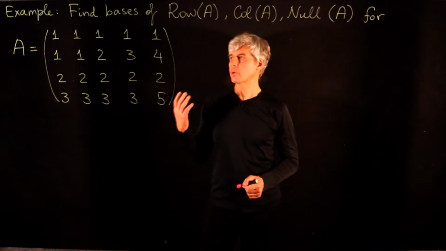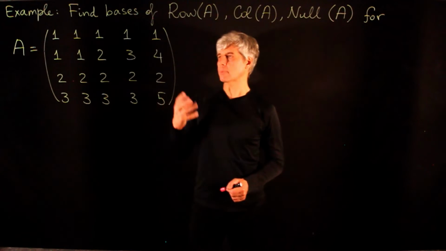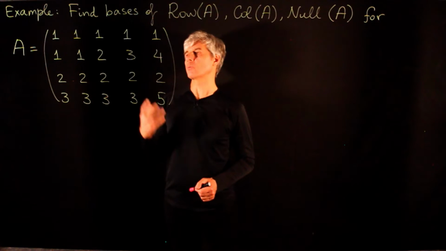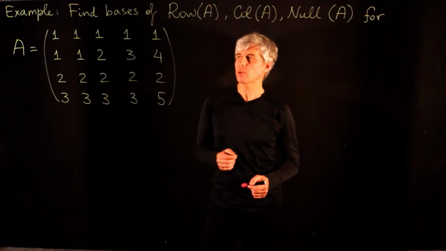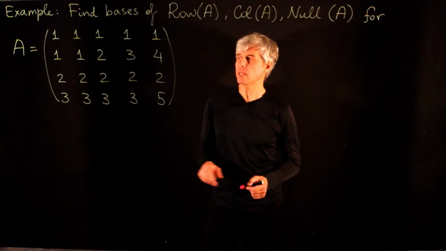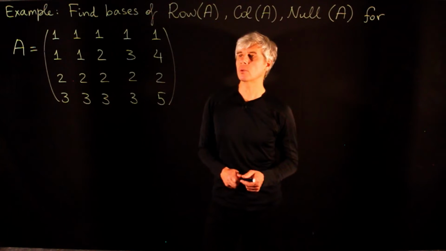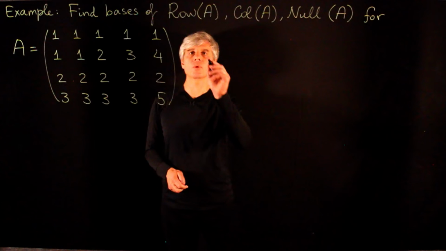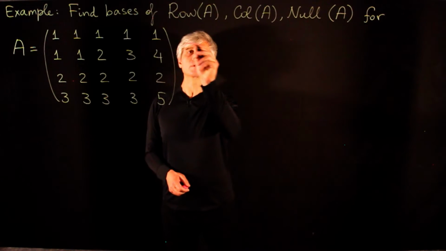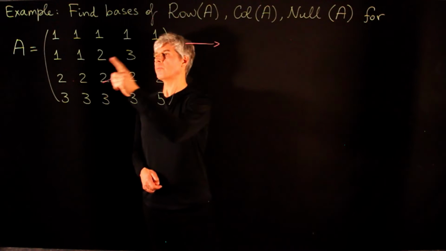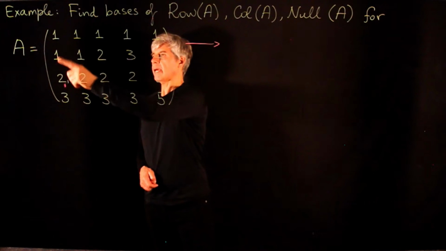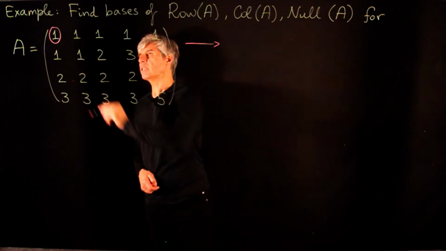And we know how the spaces change or do not change when we apply elementary row operations. So what we're going to do is simplify this matrix by bringing it to a reduced row echelon form. As the first step, we are going to eliminate entries under this pivot.